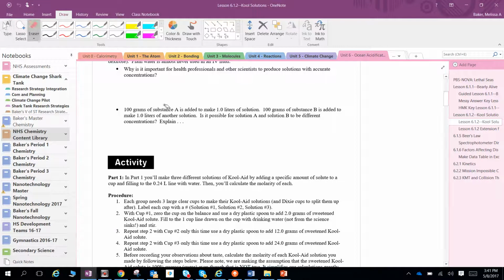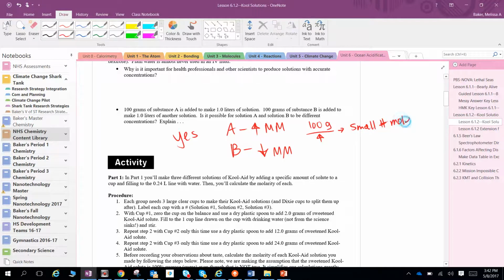And the answer is yes, because substance A may have a higher molar mass than substance B. If you have 100 grams and you divide it by a bigger molar mass, that's going to result in a smaller number of moles. Since concentration is moles divided by liters, that means in my situation here, solution A would actually have a lower molarity or concentration.